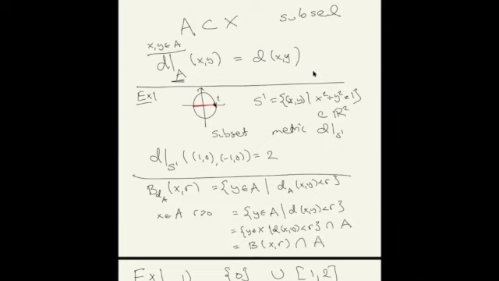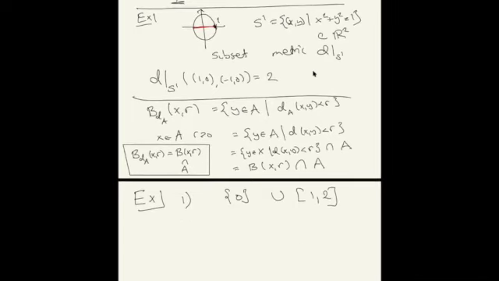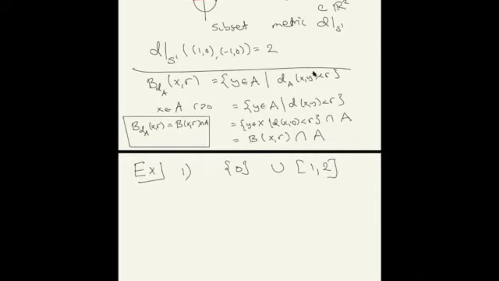So what we get from this is a useful equality: balls in the subset are intersections of balls in the big space. Now, the definition is fairly natural, but there are some weird things that happen that are a little counterintuitive until you get used to them.